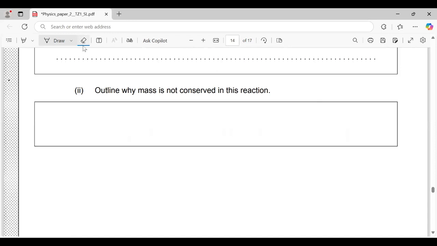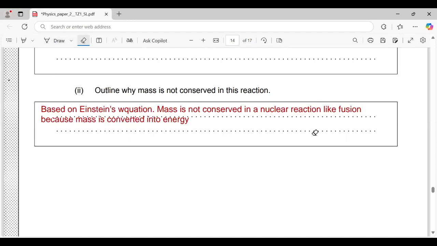I have provided my solution based on Einstein's equation, E equals mc squared, or with delta because it changed.